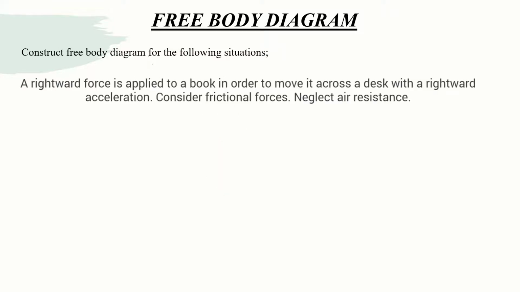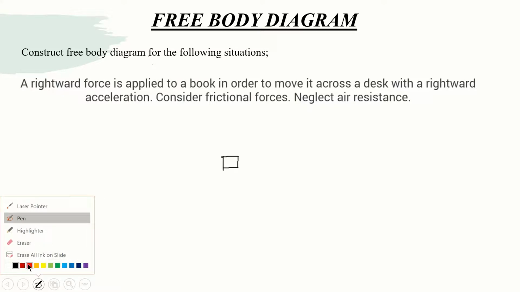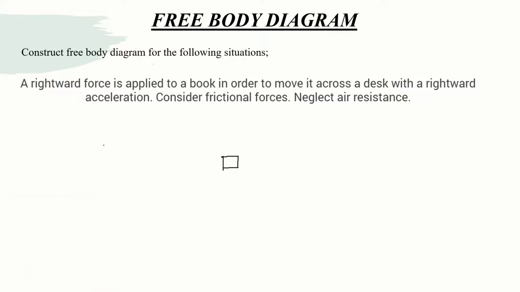For the next question, it says a rightward force is applied to a book in order to move it across a desk with a rightward acceleration. So first thing, I draw my box. Now the book is being moved by a rightward force, so we have an applied force moving the book to the right.